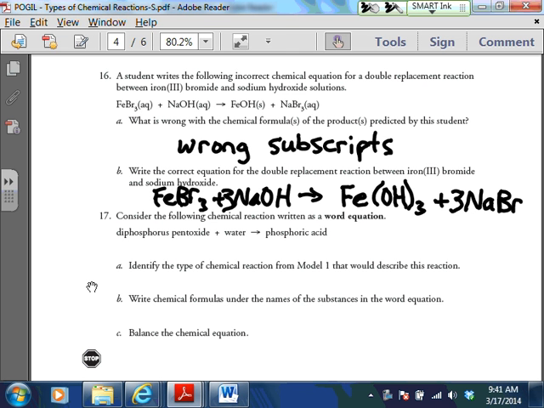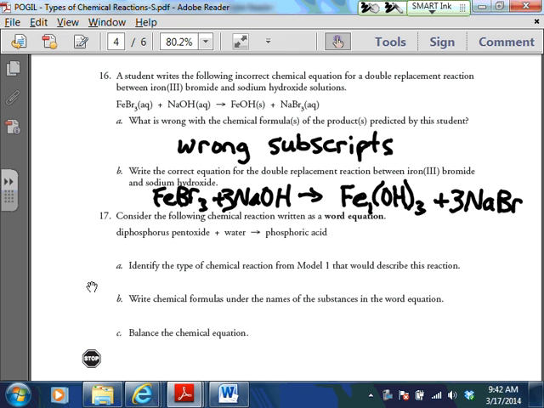Yes, ma'am. When you put parentheses around the OH, say that again. No, that's just for OH. You could write Fe1OH3, which is technically correct, but we don't usually write the ones.